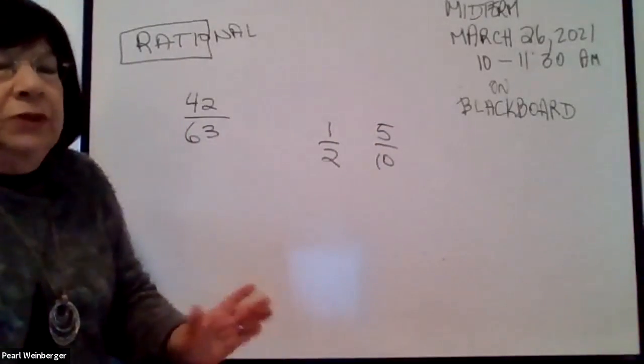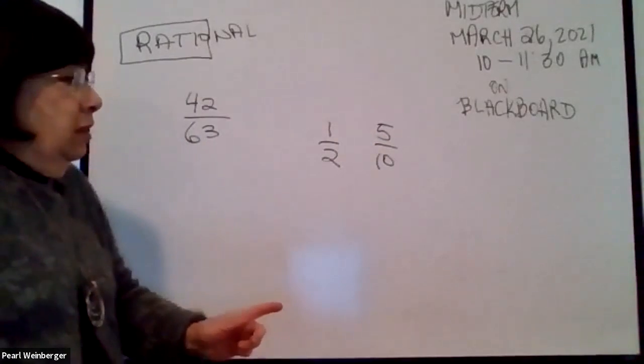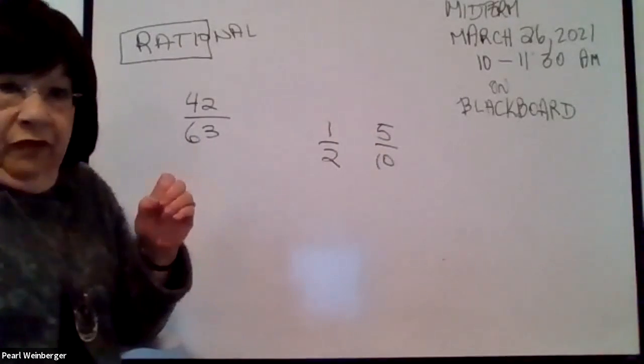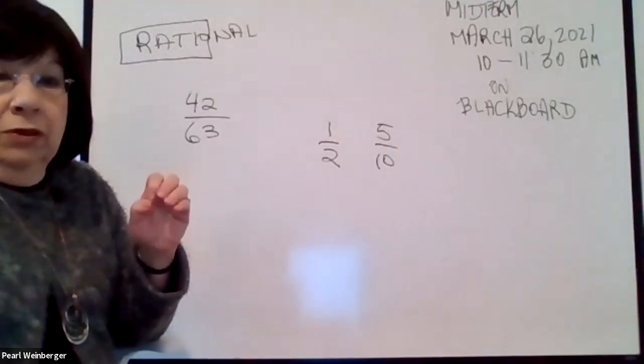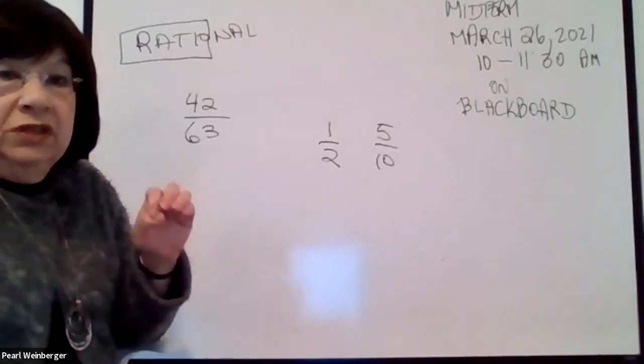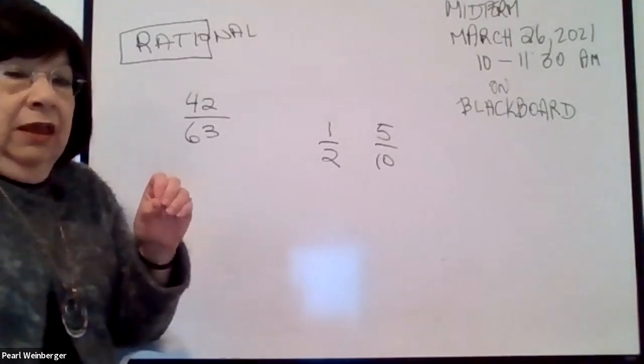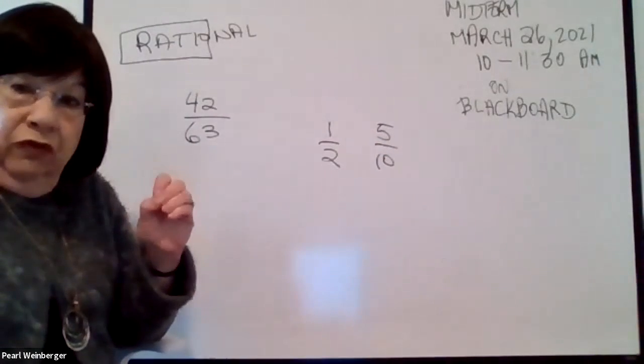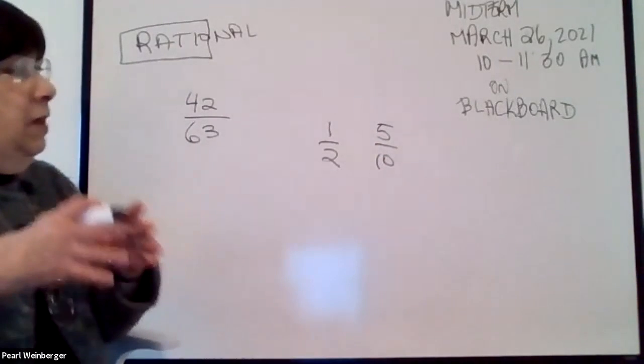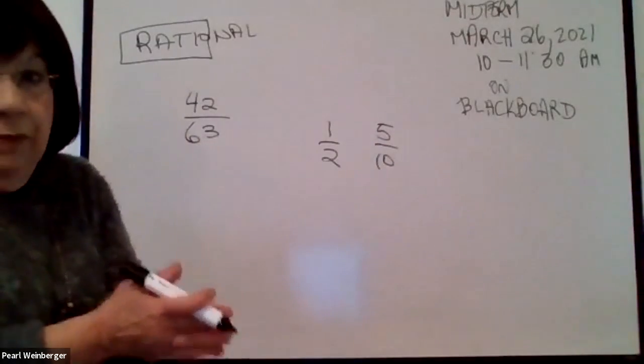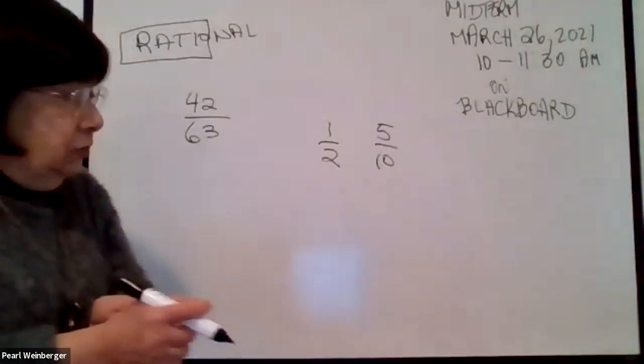They're not identical, but they are equal. So what we very often do is the process called reducing or simplifying a fraction, getting it into its simplest form, so that if everybody gets it into the simplest form, then everybody will have the same answer.